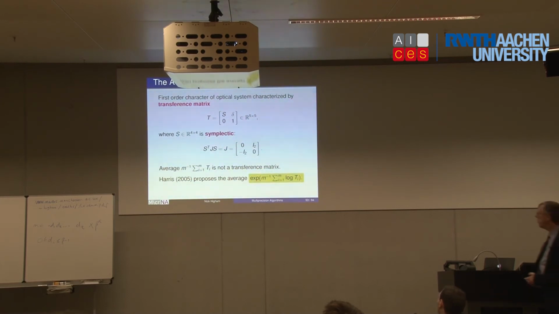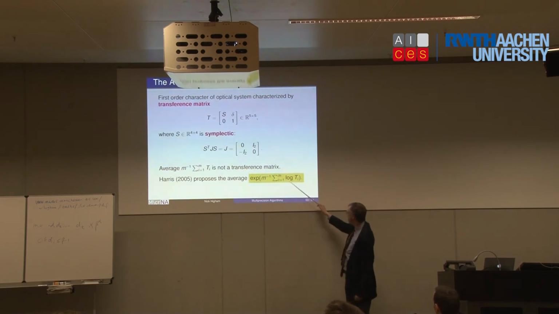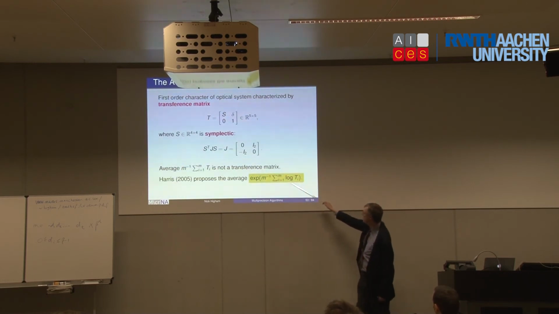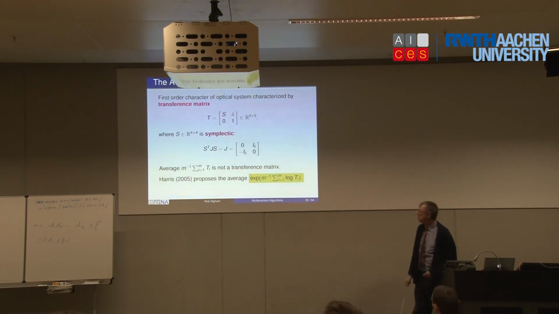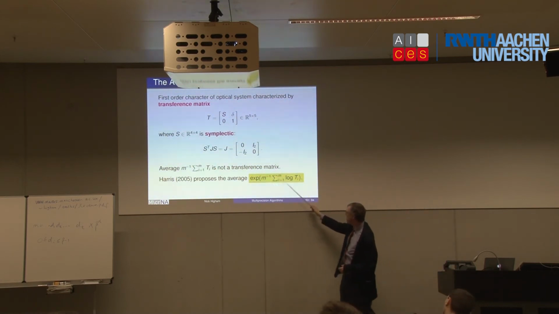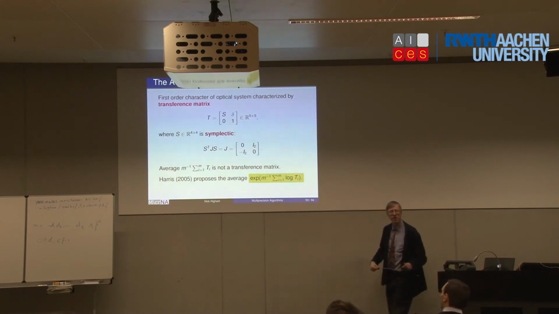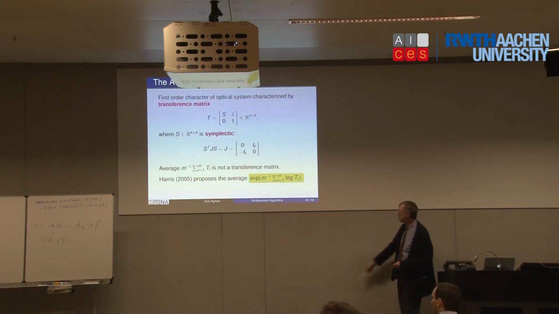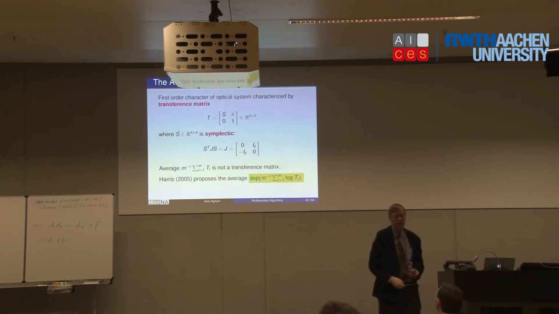What they propose in that paper is instead to take this mean: you take the log of the T's, you average them, and then you exponentiate back. This is the log-Euclidean mean, as it's sometimes called. So this mean involves the log of the matrix and then the exponential of the matrix. You will see this expression in many different applications, with people working on manifolds and things like that.